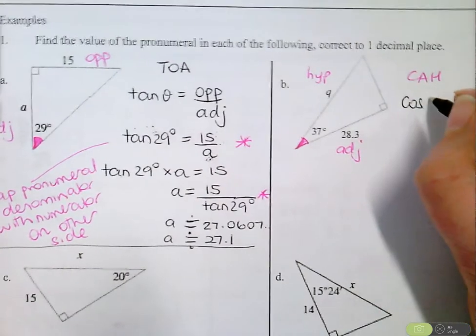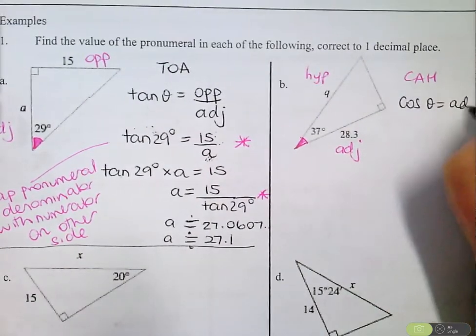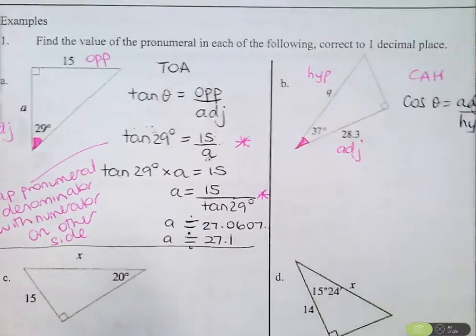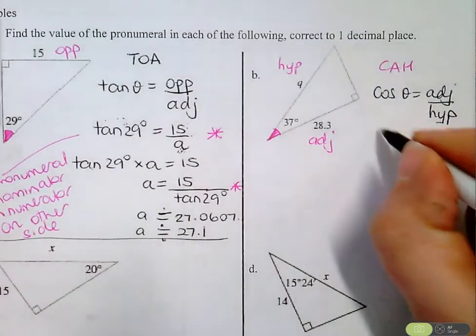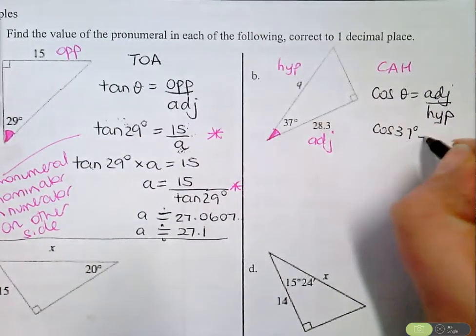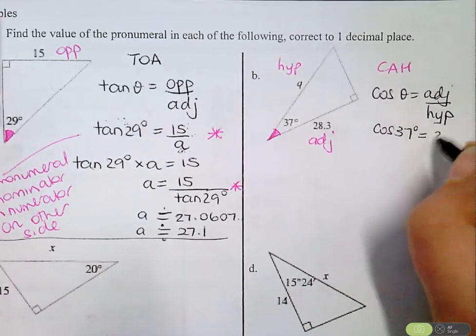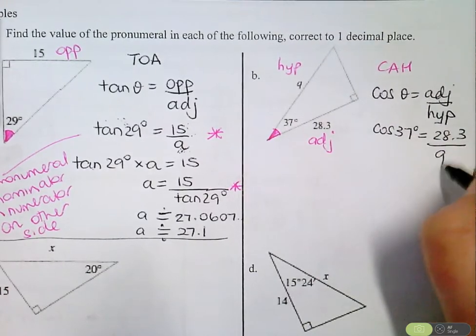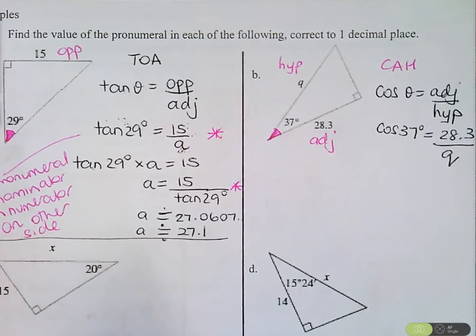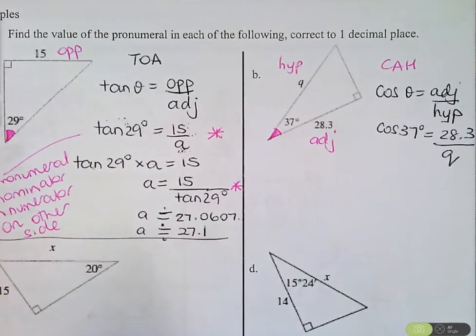So I've got cos of theta is adjacent on hypotenuse. That's what that means. Substituting, cos of 37 is adjacent, 28.3, over Q. And you say, whoops, pronumeral on the denominator. Easy.